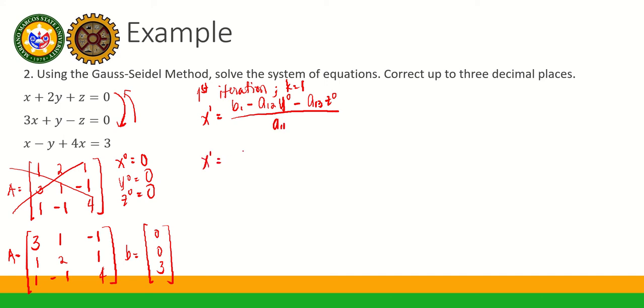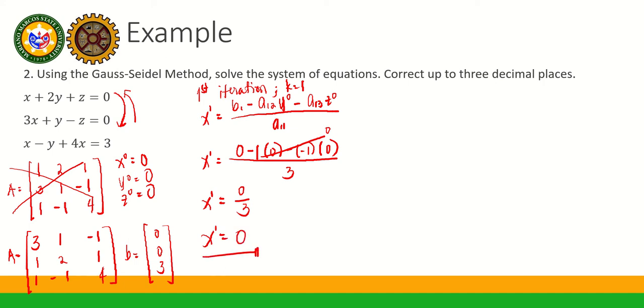So our x raised to 1 is equal to: b raised to 1 is equal to 0, minus a12, which is equal to 1, times y raised to 0, which is 0, minus a13, which is equal to -1, multiplied by z raised to 0, that is equal to 0. And a11 is equal to 3. Of course, the numerator is equal to 0, so 0 over 3. And x raised to 1 is equal to 0.